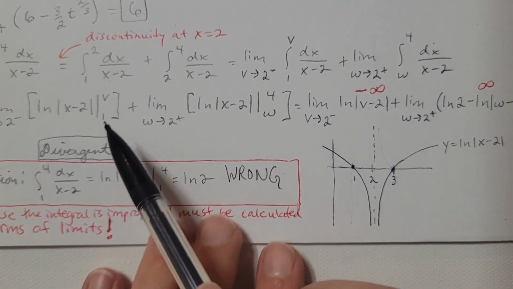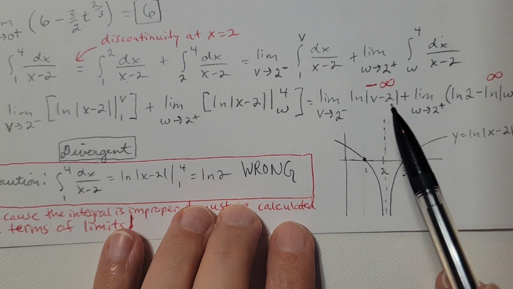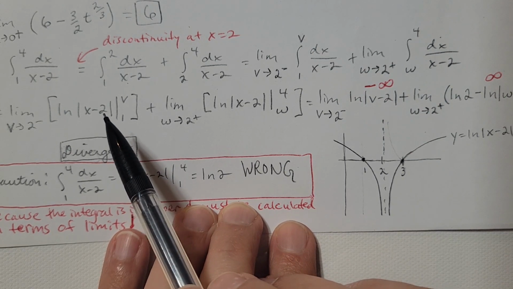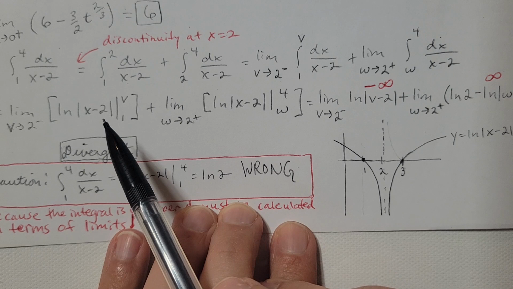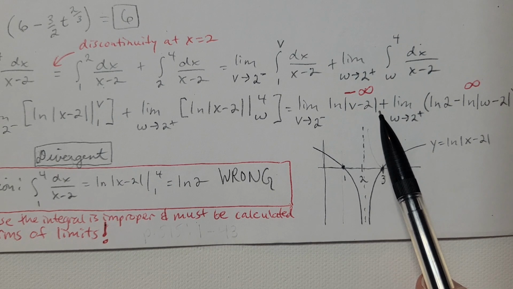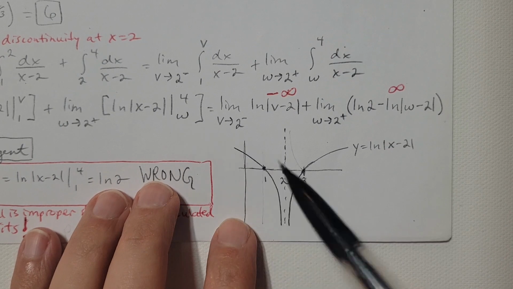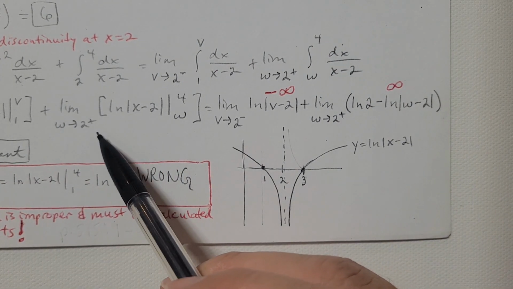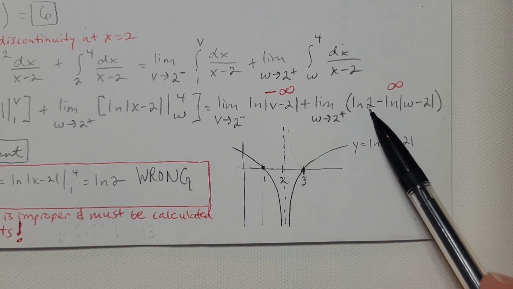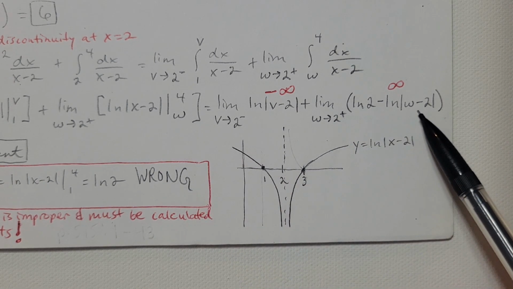When I plug in v, I get the ln of the absolute value of v minus 2 minus the ln of the absolute value of 1 minus 2, which is negative 1. The ln of the absolute value of negative 1 is the ln of 1, that's 0, right? And then plus the limit as w approaches 2 from the right, the ln of the absolute value of 4 minus 2, which is 2, minus the ln of the absolute value of w minus 2.